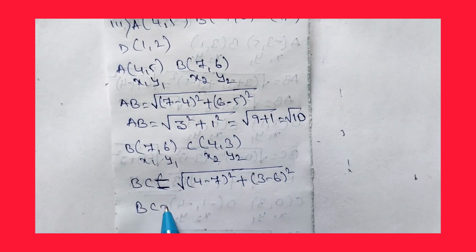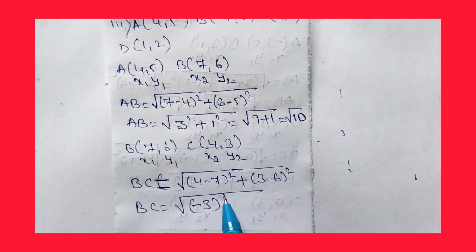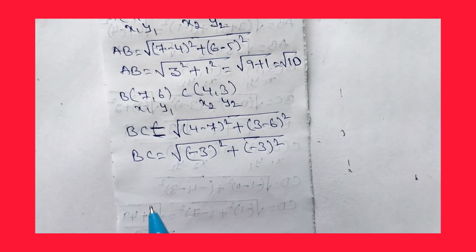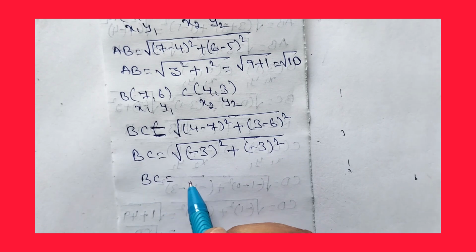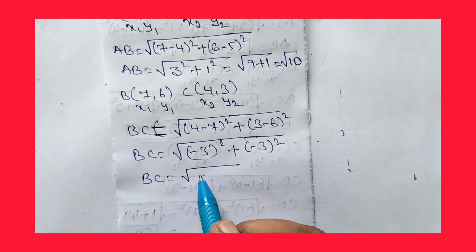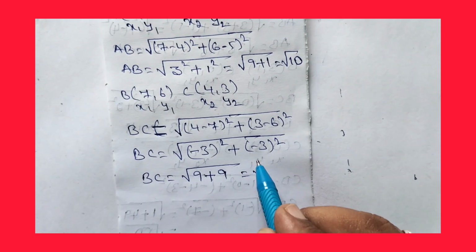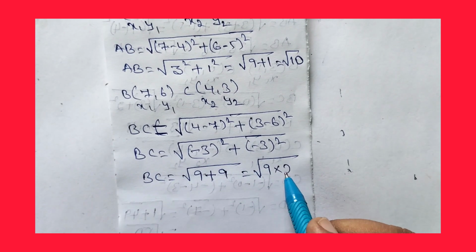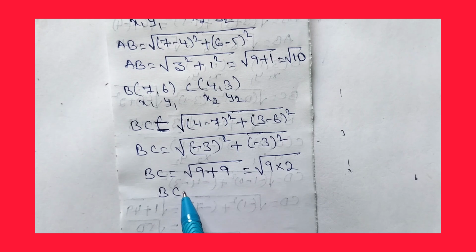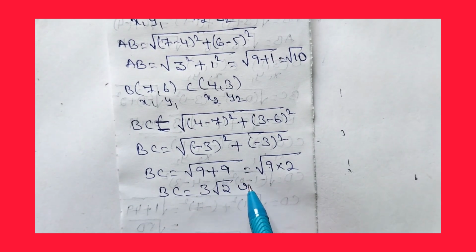So BC is equal to square root of (minus 3) whole square plus (3 minus 6 is minus 3) whole square. So BC is equal to square root of 9 plus 9. 9 how many times? 2 times. So BC is equal to square root of 9 times 2, which is 3 root 2 units.